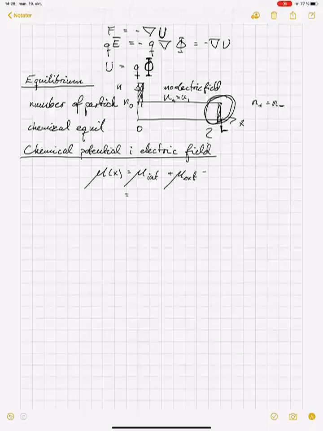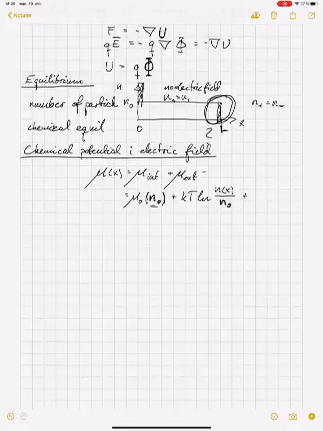And we've already seen that this is some reference chemical potential, which is a function of the equilibrium concentration that we started with, plus kT times the logarithm of the concentration distribution divided by n0, because this reference is the one we divide by here.